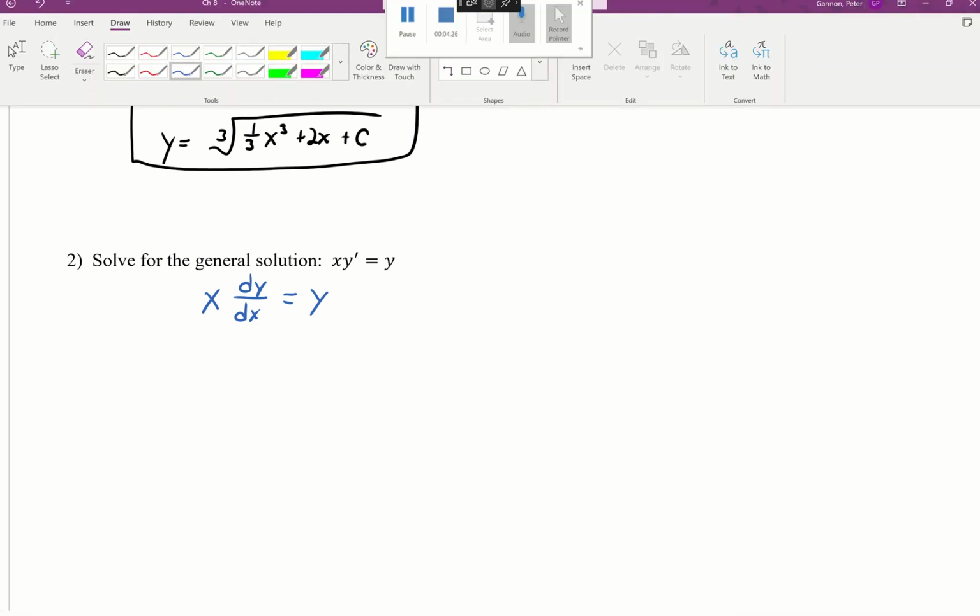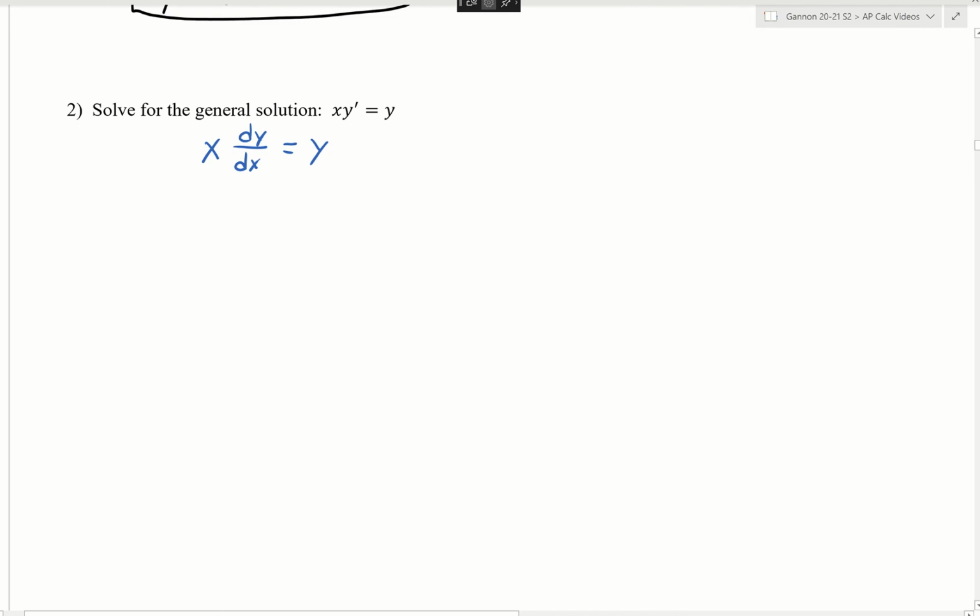All right, so if we were to move forward with this and we want to get the y's on the left, we're going to have to divide by y. All right, and we're going to end up moving the x and the dx. So when we divide by y, you'll end up with 1/y dy equals. And then think about moving the x and the dx over. That's going to be kind of 2 steps, or you can think about multiplying by the reciprocal. But really, you're going to divide by x, giving us 1/x, and then multiply by dx, giving us dx.